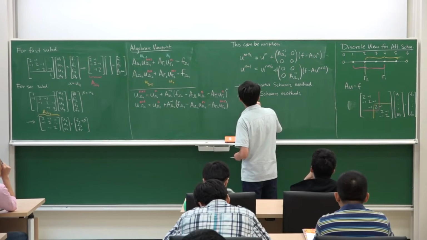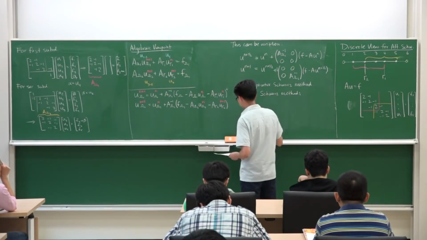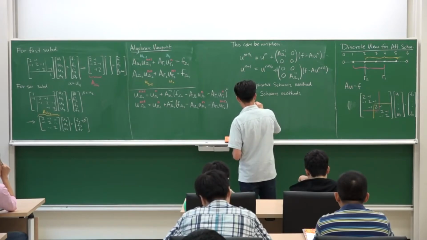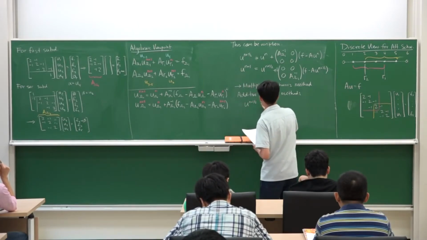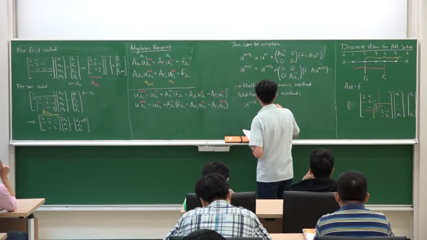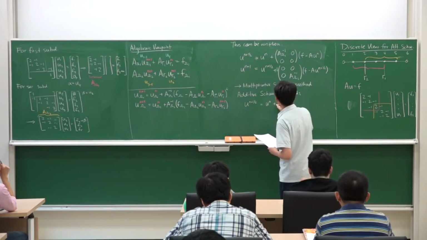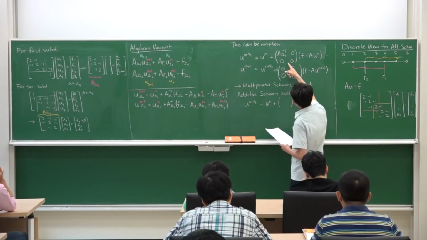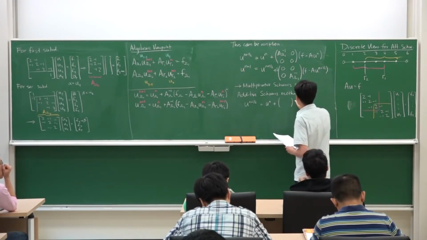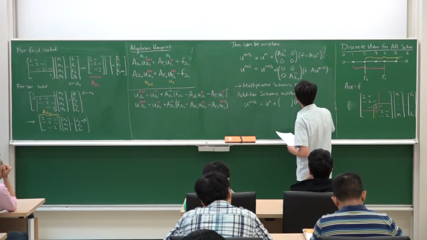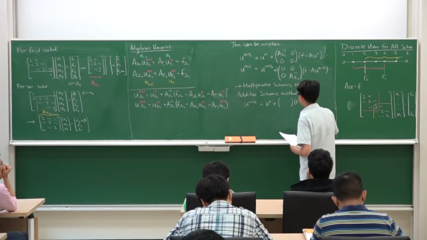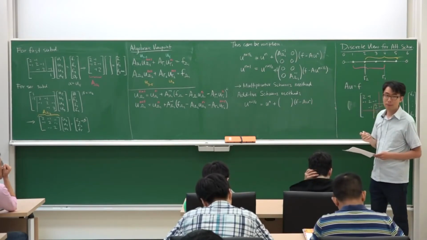U n plus a half equals un plus this thing over here times the residual. So the first step doesn't look any different.